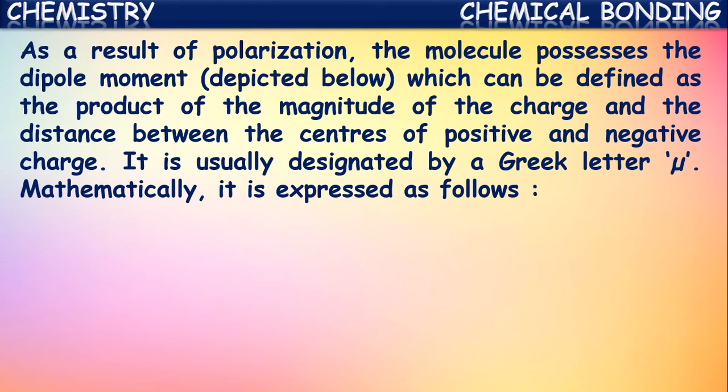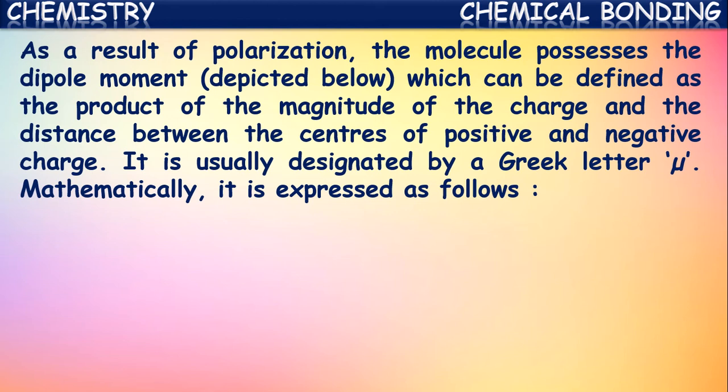Now, because of this polarization, the molecules possess a dipole moment, which can be defined as the product of the magnitude of charge and the distance between the centers of positive and negative charges. Okay, the dipole moment is defined as the product of the magnitude of the charge and the distance between the centers of positive and negative charges.